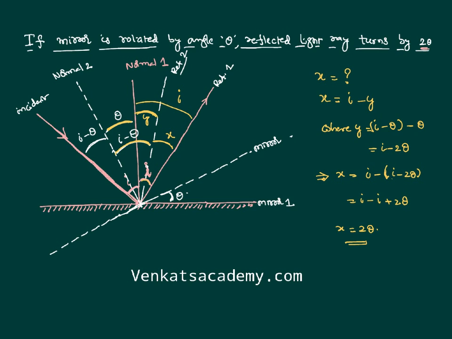This tells you that if you turn the mirror by an angle theta, keeping the object the same, the corresponding image, or the reflected light ray, turns by an angle 2 theta. Thank you. See you in the next videos.